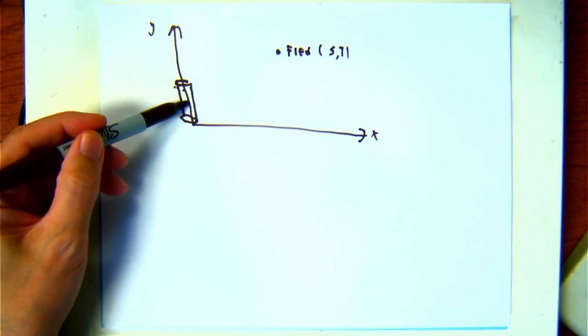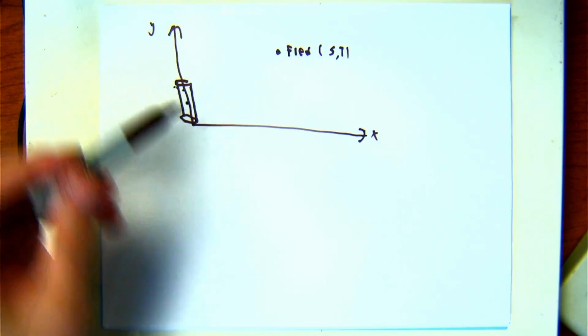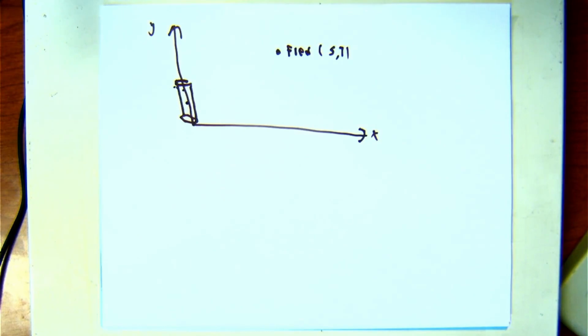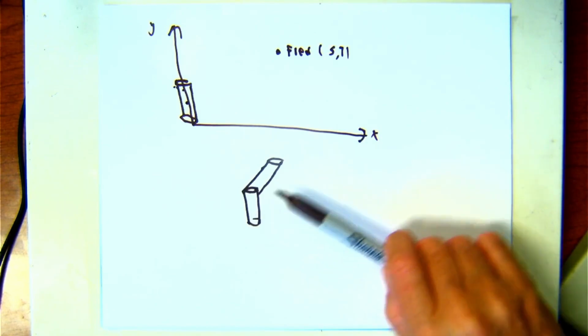At least for a while, at the beginning of this situation, Fred is not even going to perceive that that metal rod lies along a straight line. Without doing some detailed calculations, I don't really know that these are straight.